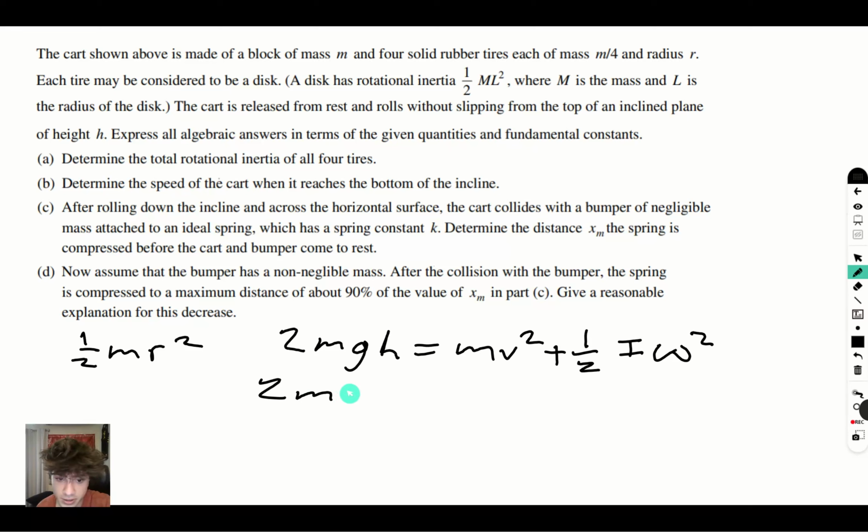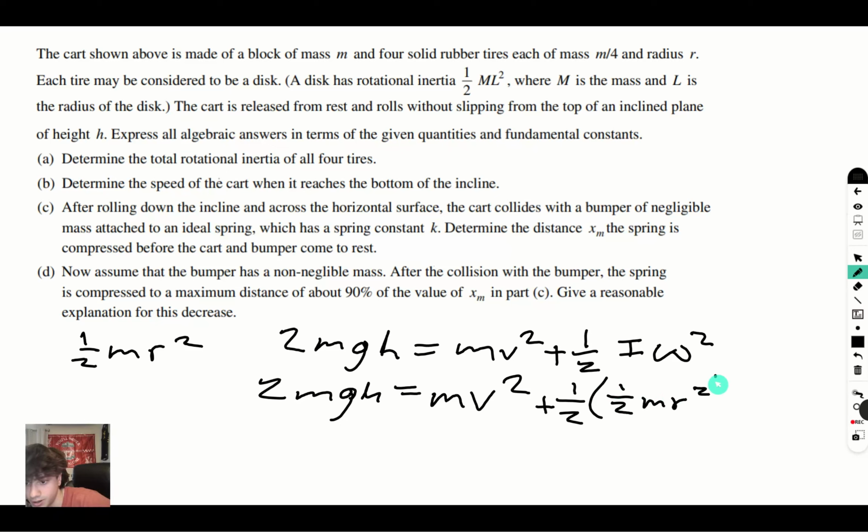So from here we get 2mgh equals mv squared plus 1/2 times mr squared, and we know that omega is just velocity over radius. So we get v squared over r squared. These r squareds cancel, and the mass and everything cancels.